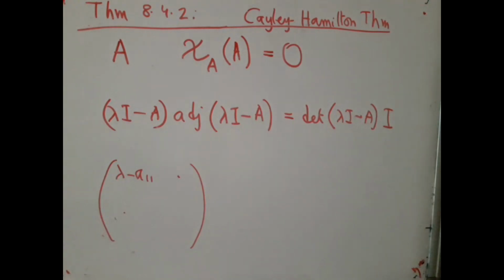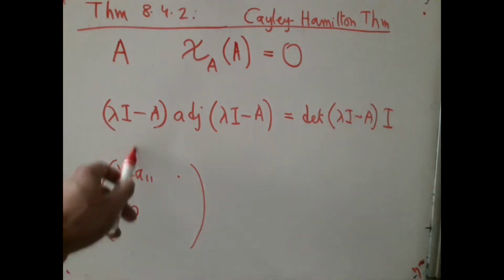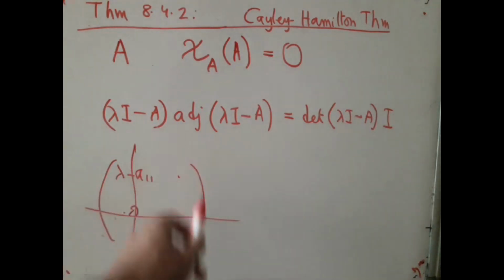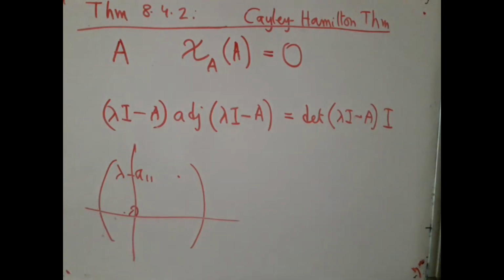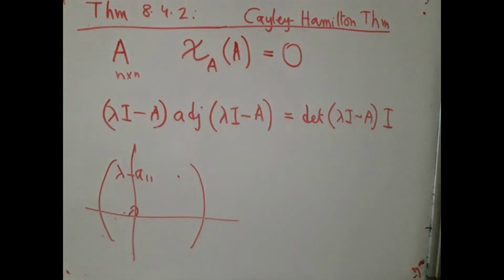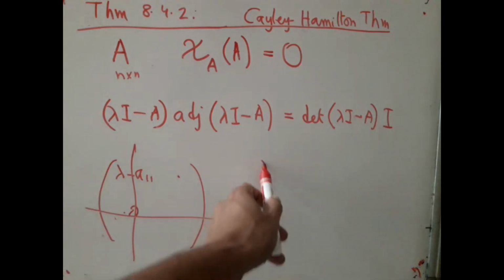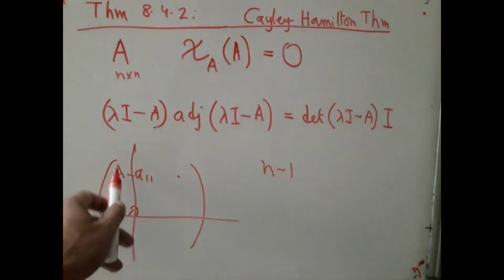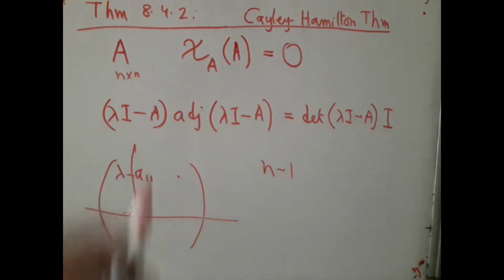So when you are doing this adjugate, what are you doing? You are taking some particular entry, striking out its row and column and working out the determinant of the remaining n minus 1 by n minus 1 submatrix. Now, in those things you have got at most n minus 1 terms with lambda, because there is no lambda square anywhere.